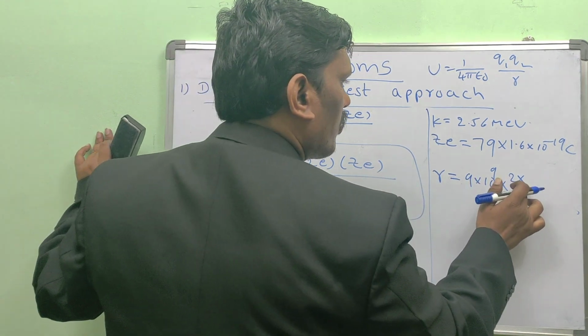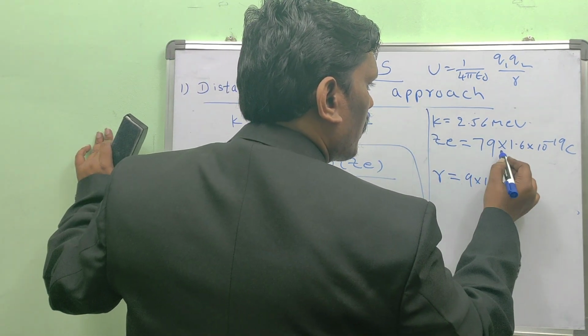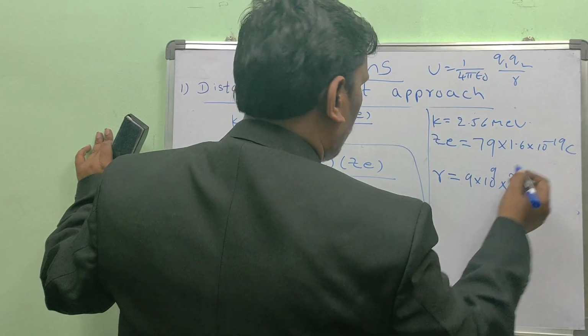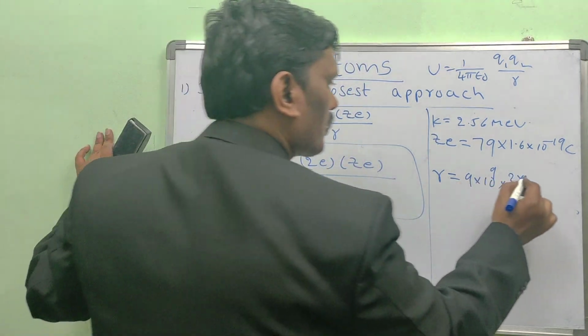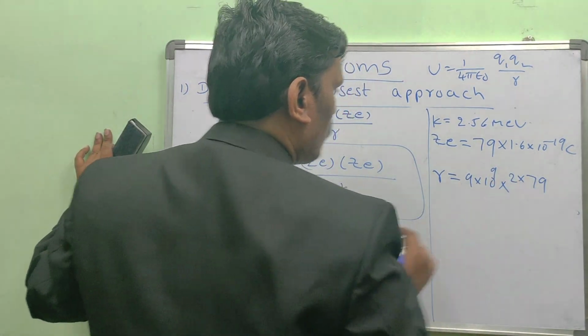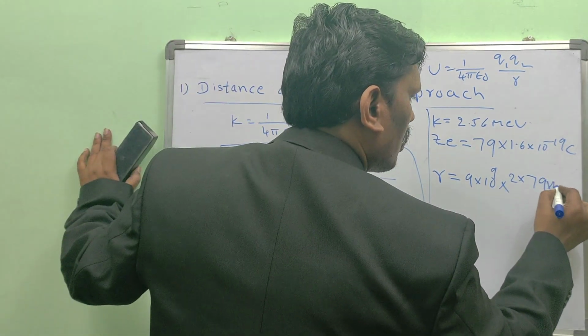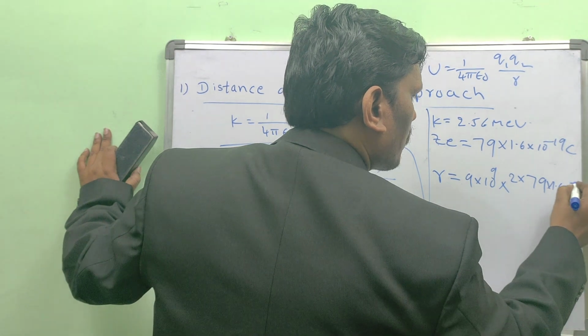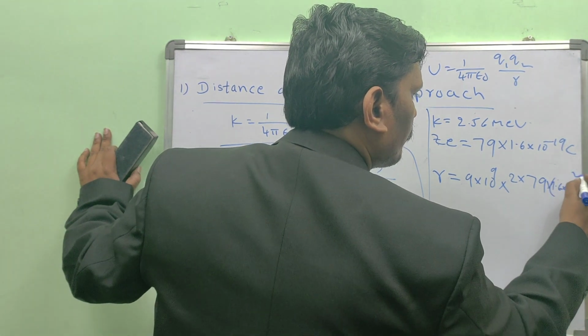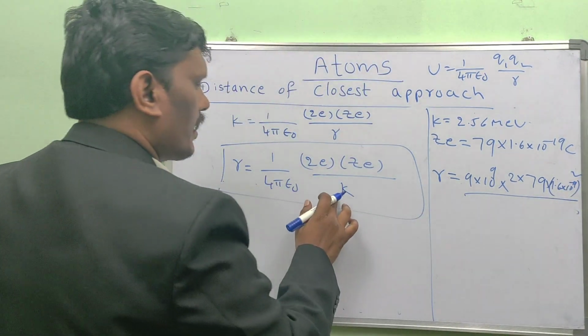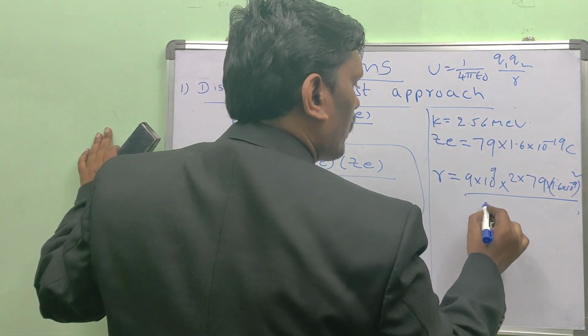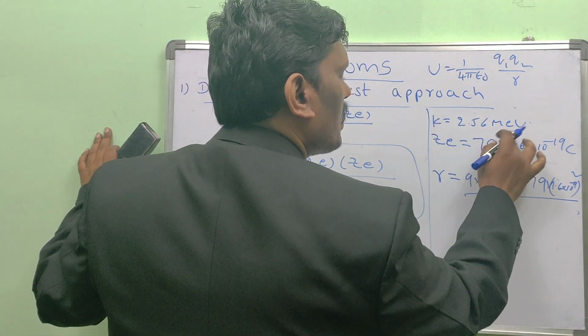So 2 into Z, what is Z? 79, and E square means 1.6 into 10 to the power of minus 19 whole square, upon K. What is K? Kinetic energy, 2.56 MeV.